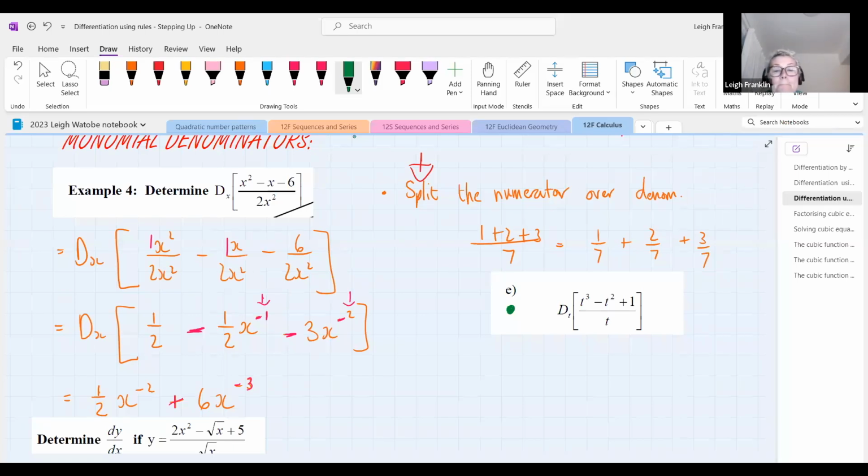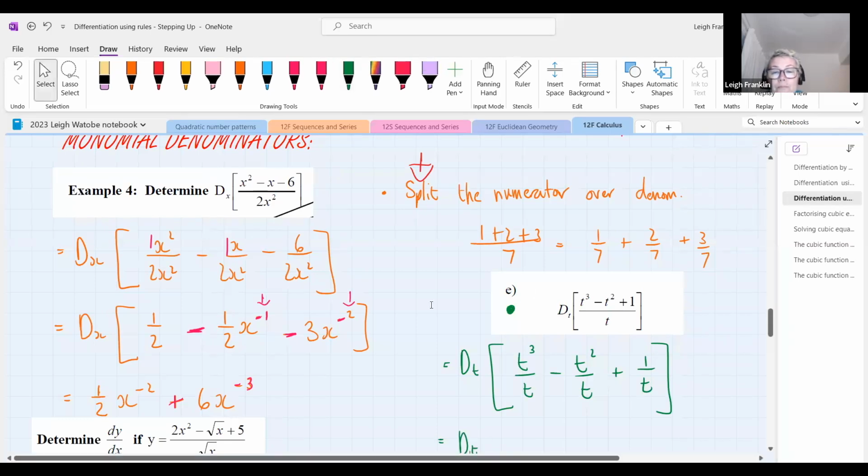I said GT, then I open a bracket. I said T to the exponent 3 divided by 3, minus T squared divided by 2, plus 1 divided by 2. Then I bring down the GT.